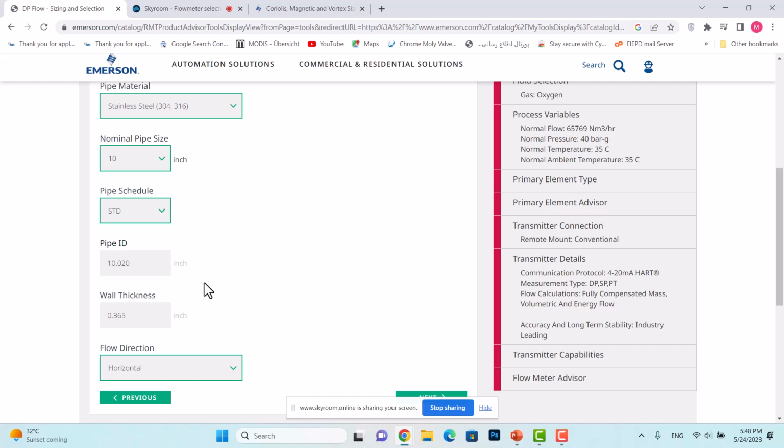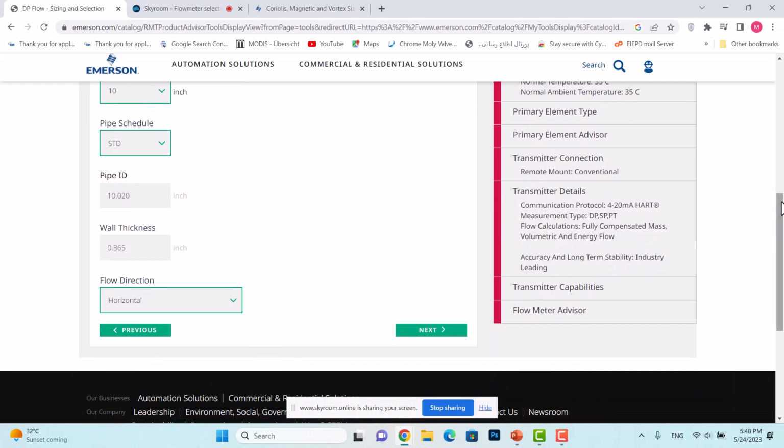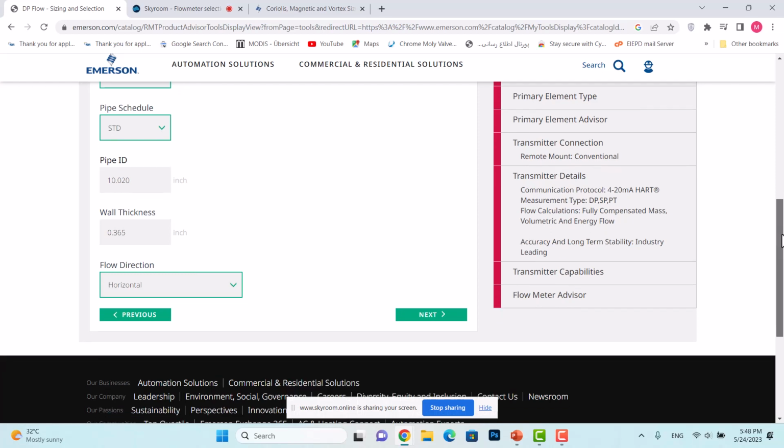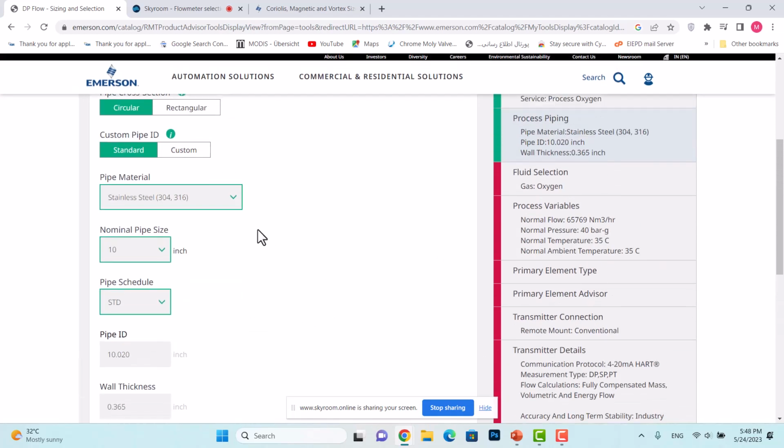You should know this fact as a process engineer when it comes to the design of petrochemical and piping plants, and when they ask for process engineering department consultation. You should know at least something about this one, not to be specialized, but some information about it is good. Flow direction, horizontal, don't change anything here.